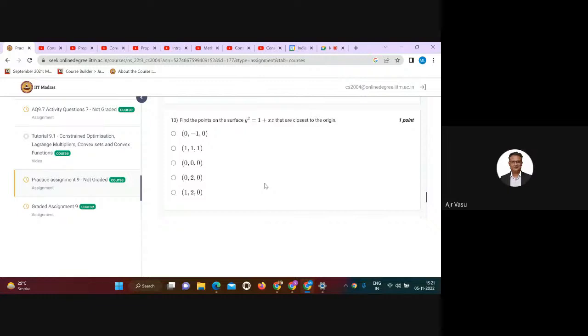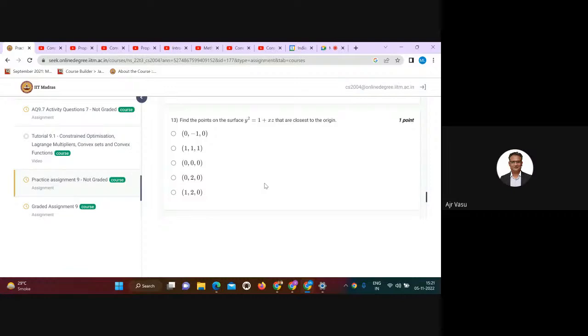Find the points on the surface which are closest to the origin. One way is to take each one of them and check the distance. The other way, I did it using coordinate geometry. I didn't know how to use any of these. It has something to do with, I'm guessing, minimization, but I don't know how to approach these kinds of problems.